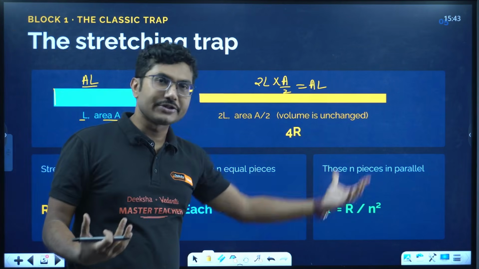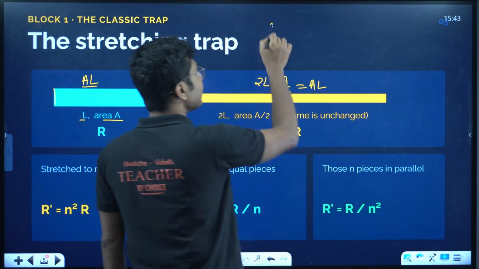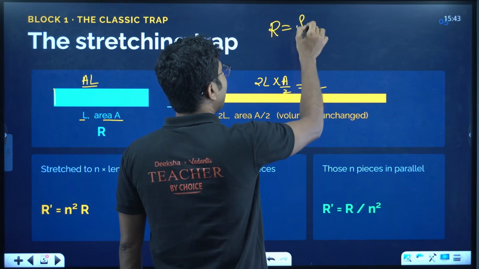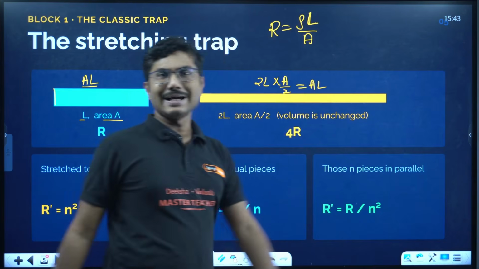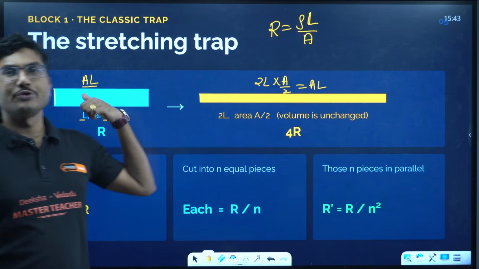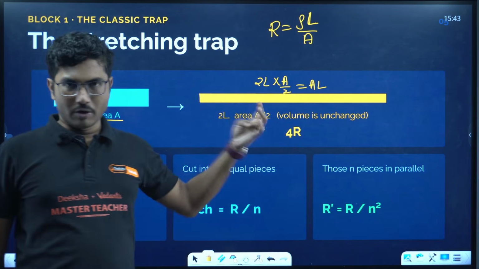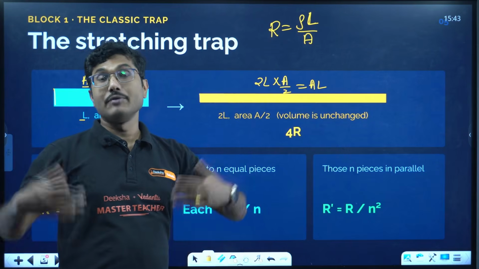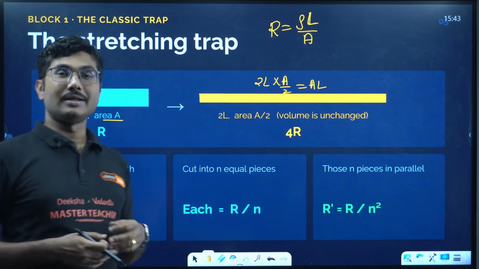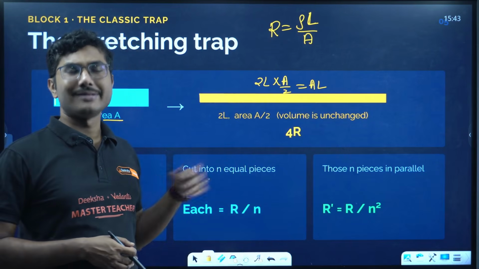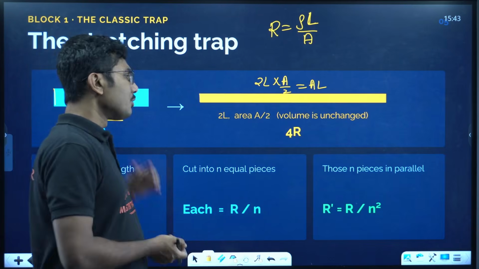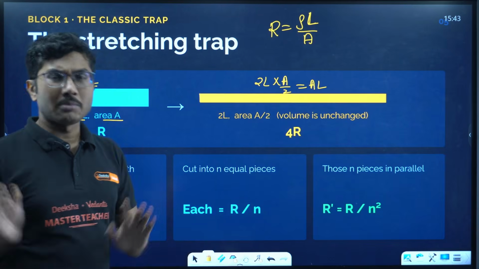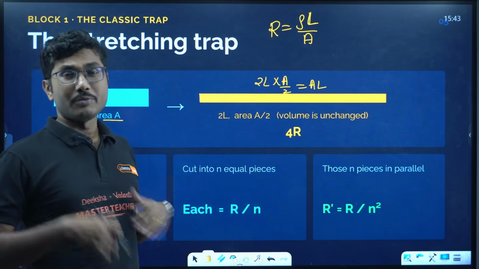Now how much is the resistance changing? We know that resistance is rho L upon A. So L is getting doubled and the area is getting halved, so the resistance should be 4 times. Now obviously they might give you a question where the length is stretched by 10%, 20%, 30%. You don't need to remember that it will be 4 times or 5 times.